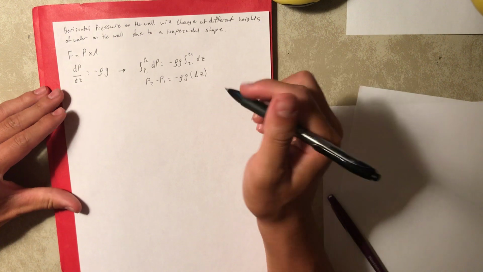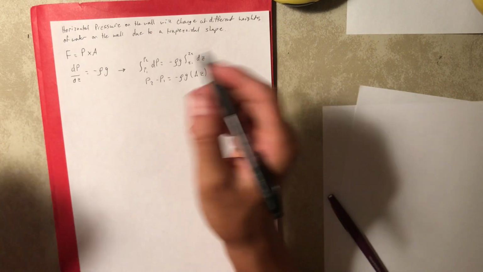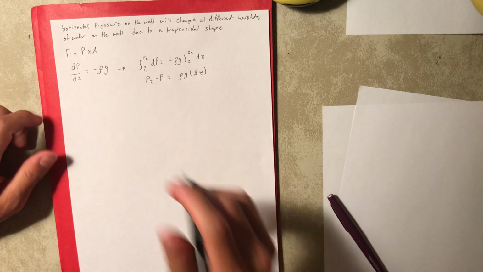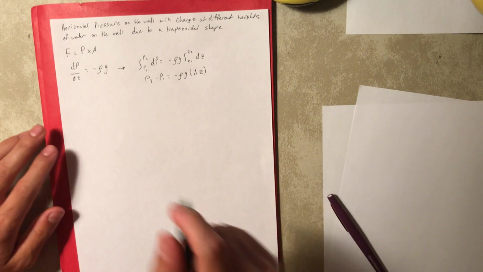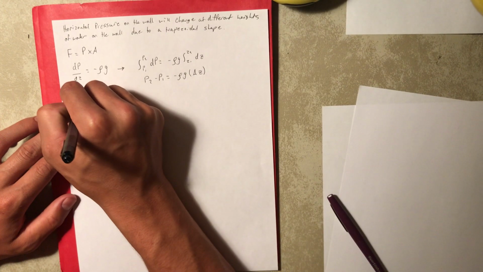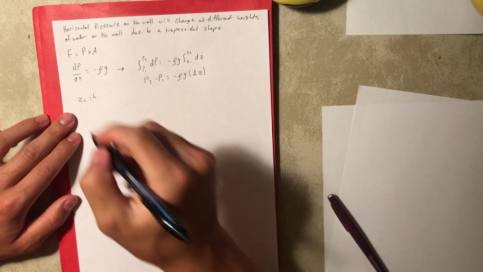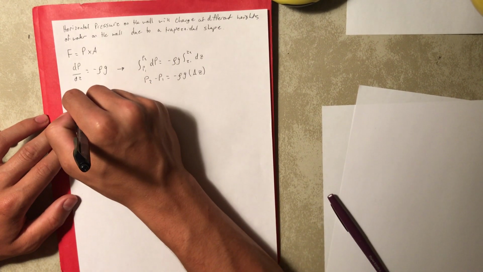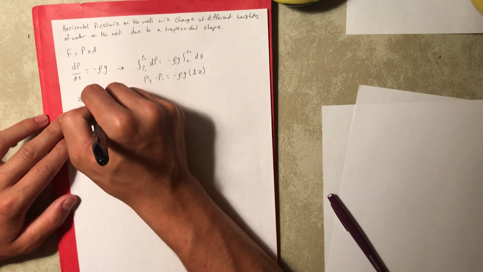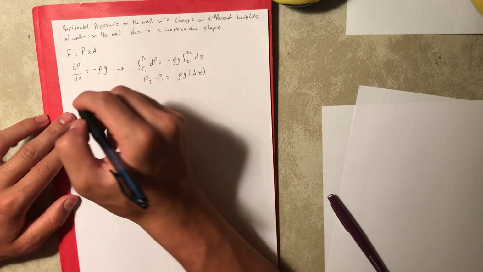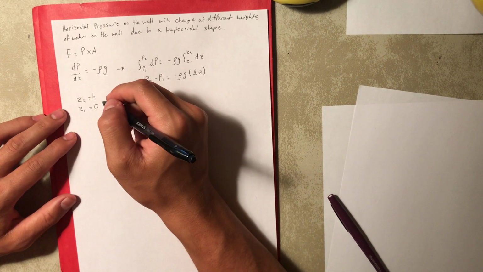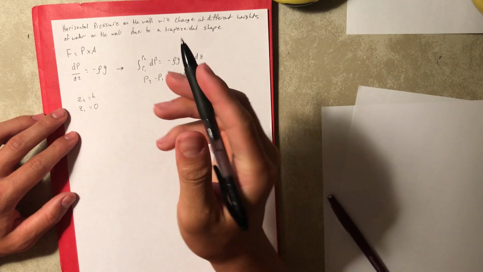And then we can say that Z2 is equal to H. So we'll write over here, as it's in frame, Z2 is equal to H. And we can also put Z1 is equal to 0. And then from there, we can also use gauge pressure is equal to 0.